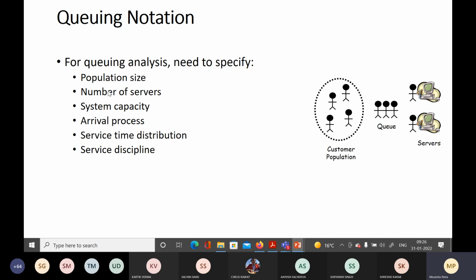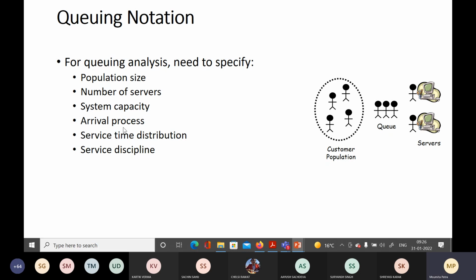Then, when we specify a queue, we need to specify the number of servers. Of course, this is very, very important: how many servers are serving your queue. Then what is the system capacity? We'll get to system capacity here.